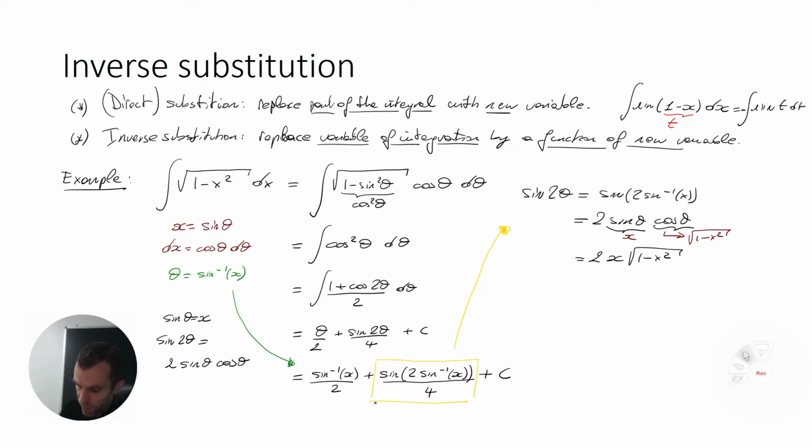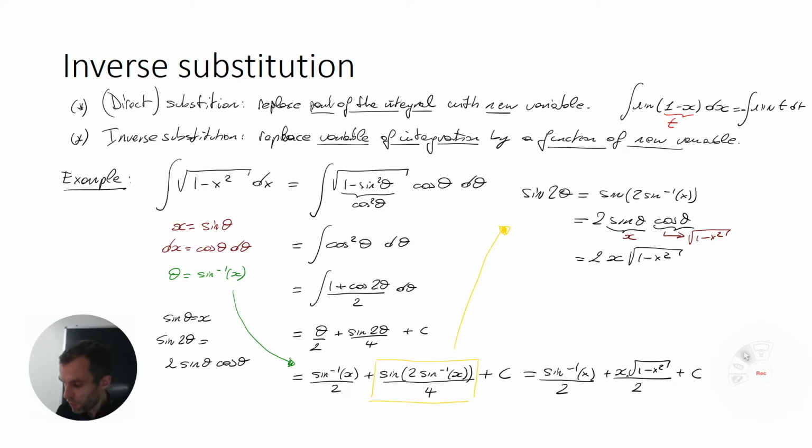And now, using that to finally simplify our integral, we get sine inverse of x divided by 2 plus x square root of 1 minus x squared, also divided by 2, plus a constant.